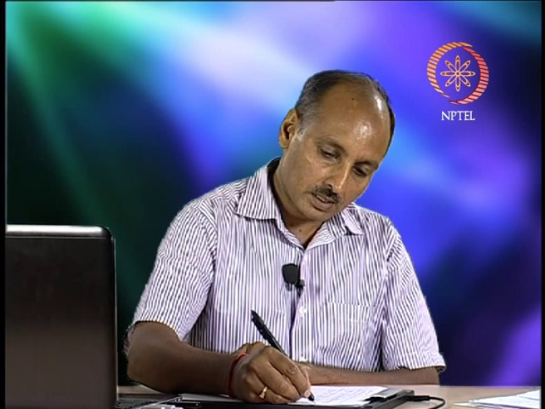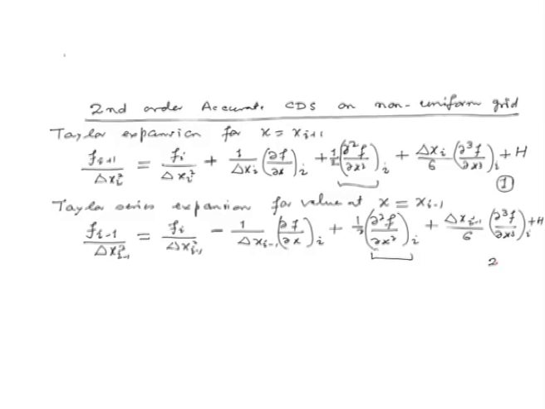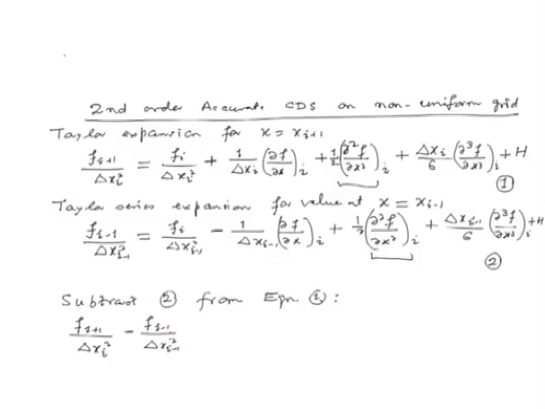Let us call the first equation, the top equation, as 1 and the bottom equation as 2. So, subtract 2 from equation 1. So, what do we get on LHS? We will have f_{i+1} divided by delta x_i squared minus f_{i-1} divided by delta x_{i-1} squared.